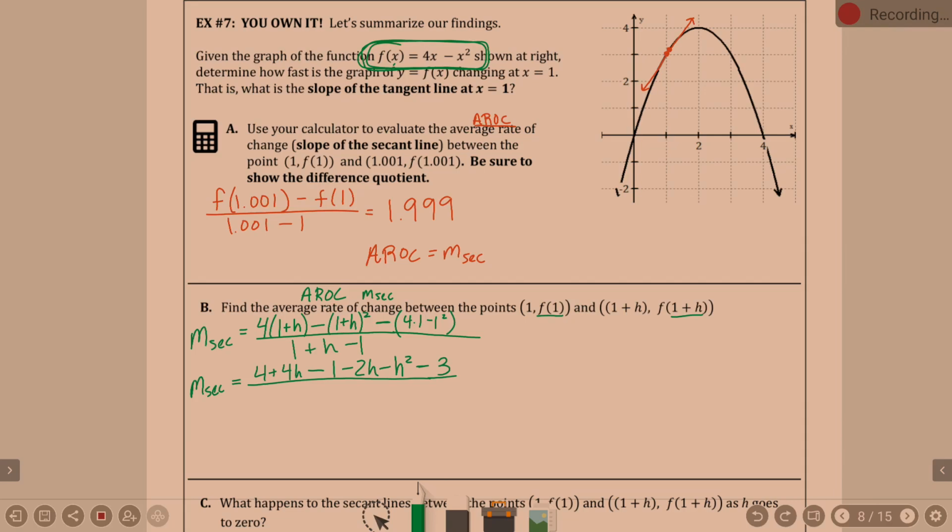4 minus 1 squared, all over what? And if you want to go ahead and clean it up, 1 plus h minus 1 is just going to be h. Okay. Is there some good stuff happening on top?